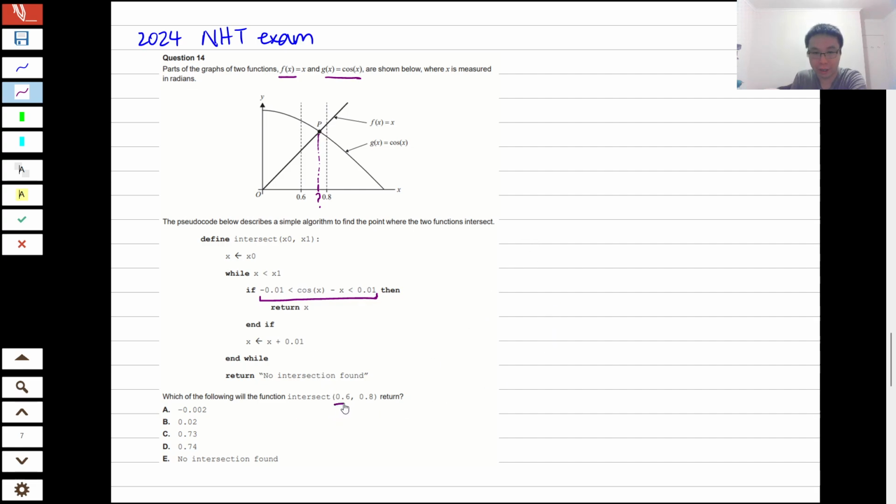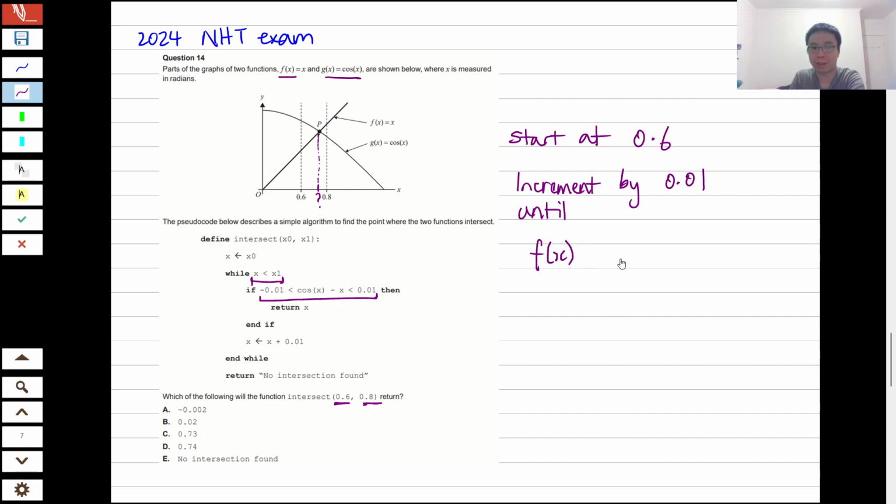We are going to start at 0.6, and while we are less than the upper bound 0.8, we're going to increment by 0.01 until f of x, so I'll say x equals 0.6, increment by 0.01, that's this line here, until cos x minus x is between minus 0.01 and 0.01.